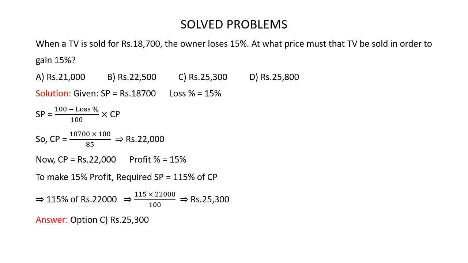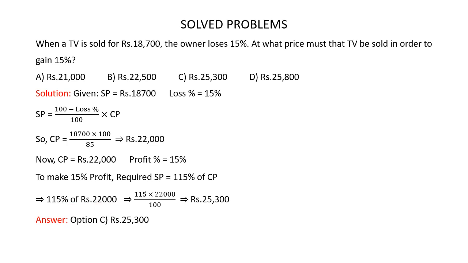Now we are asked to find at what price the TV must be sold in order to gain 15%. Now we know that cost price of the TV is rupees 22,000 and the profit percent expected is 15%. Now to make 15% profit, the required selling price is equal to 115% of cost price, which is nothing but 115% of rupees 22,000.